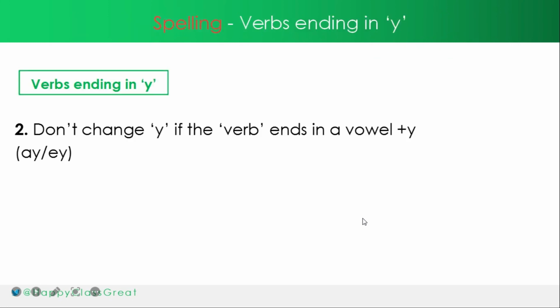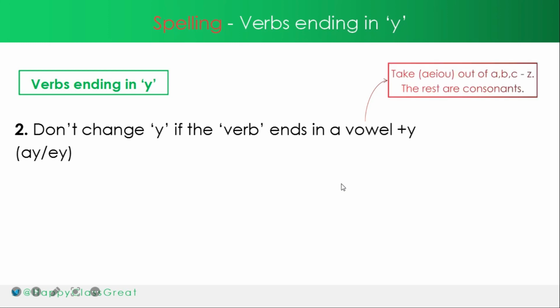There is something else you have to keep in mind: you are not to change the y if the verb ends in a vowel plus y. The vowels are a, e, i, o, u, you remember what I explained the other time.